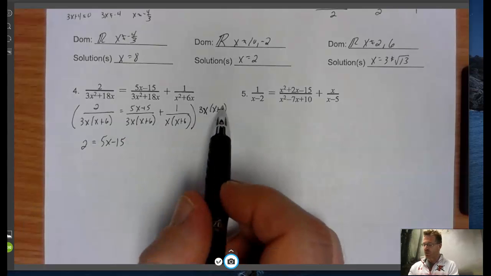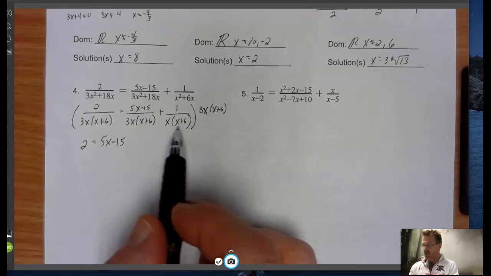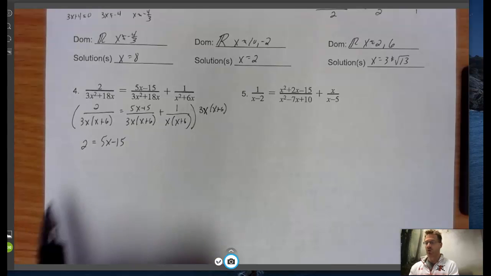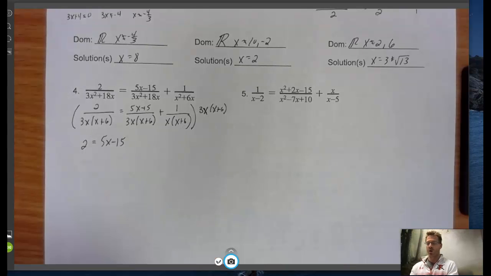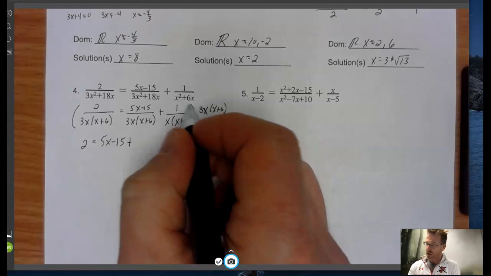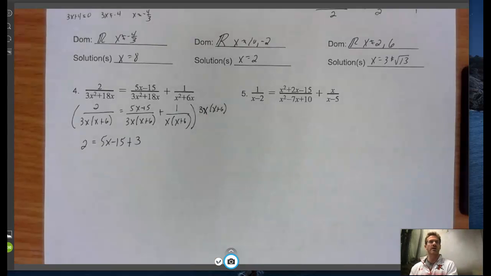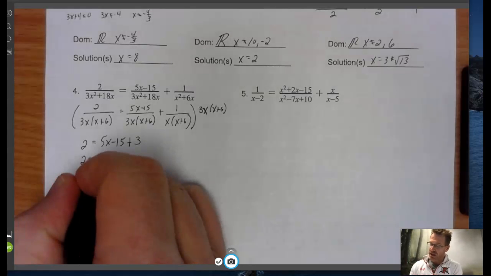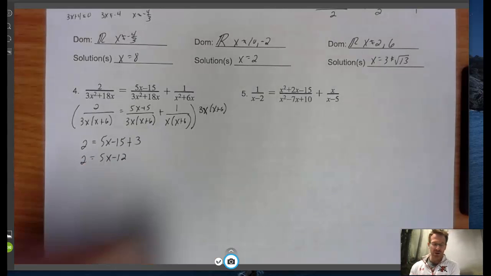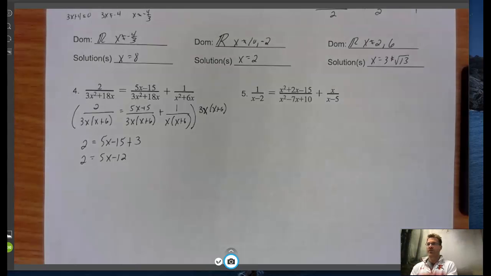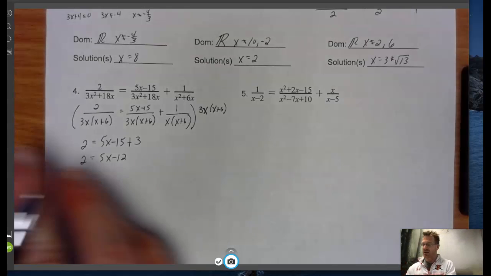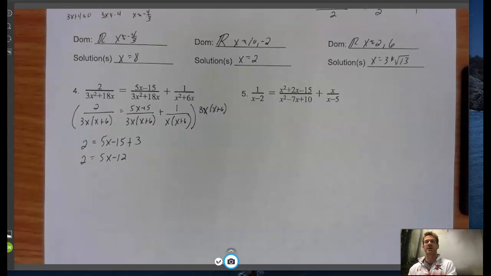And when I distribute this times this fraction, the x divided by x is 1, the x plus 6 divided by x plus 6 is 1, and that's going to leave me just 1 times 3, which would be 3. So now I get 5x minus 12 here, a fairly easy linear equation to solve even though it was a little bit more complex looking in the beginning.